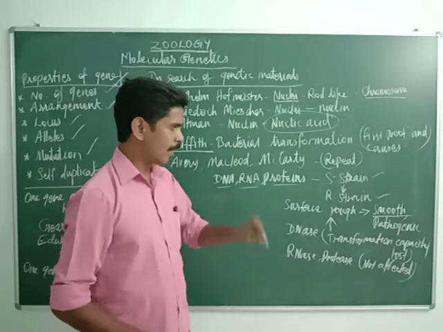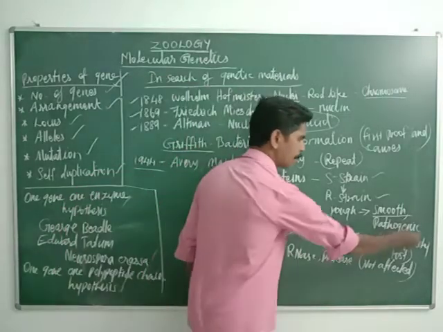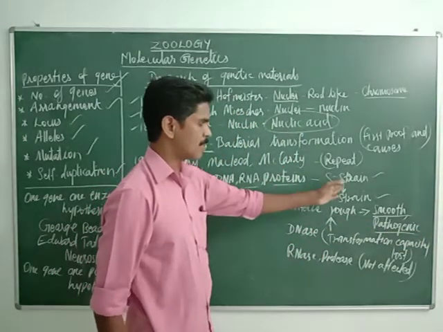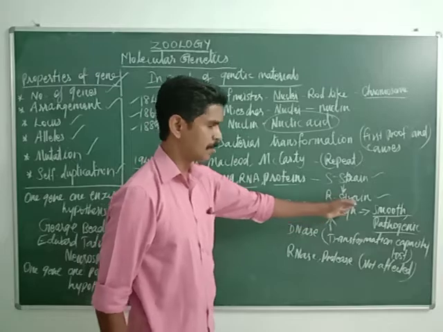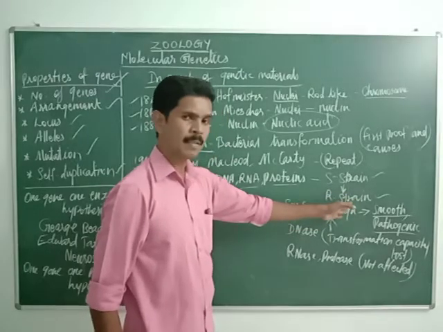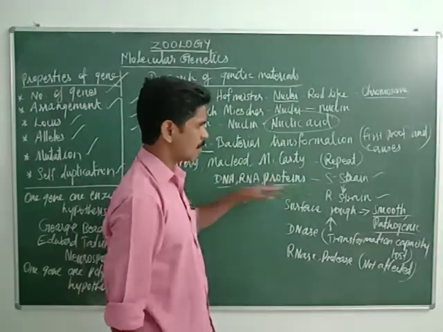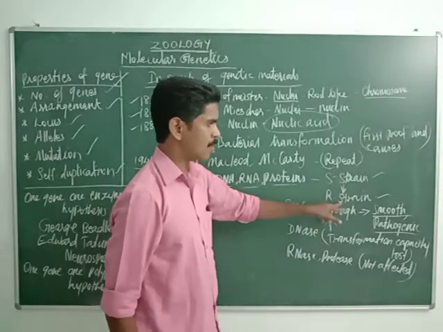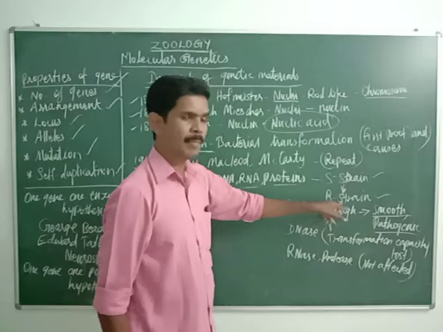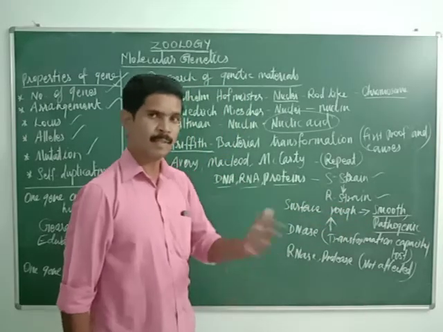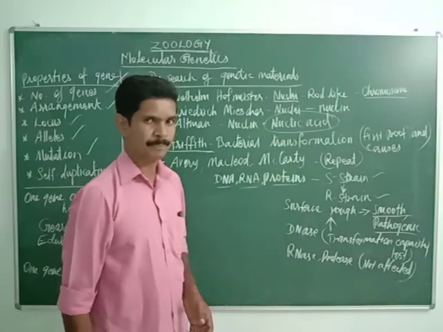Before adding the substance of the S-strain bacteria, the R-strain bacteria is not pathogenic. After adding it, the R-strain bacteria is converted into a pathogenic bacteria. Pathogenic meaning disease causing or dangerous bacteria.